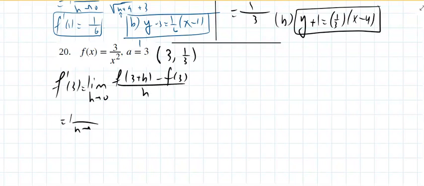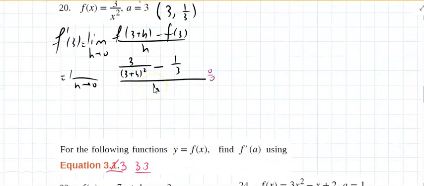That is the limit as h approaches 0. f of 3 plus h is 3 over 3 plus h squared, minus f of 3, which is 1/3. And again, at any time I replace h by 0, I get 0 over 0.